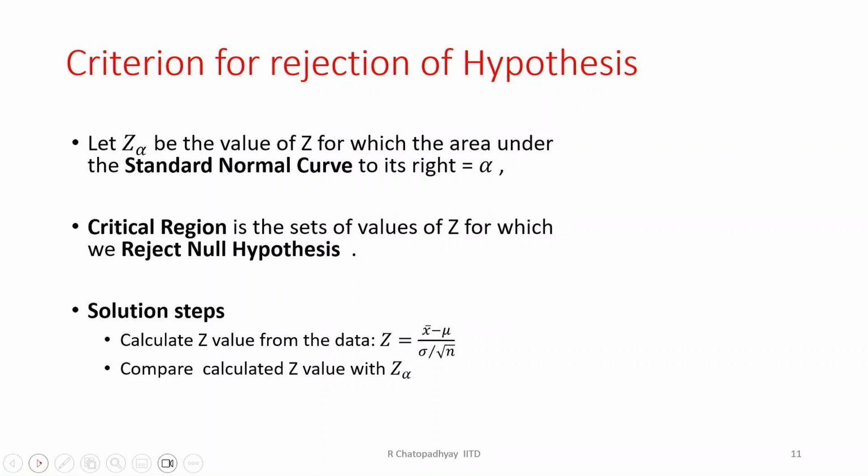And the critical region is the set of values of z for which we reject the null hypothesis.